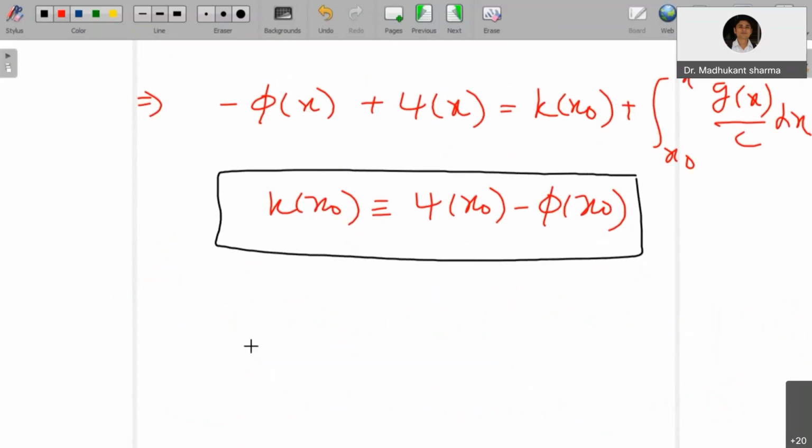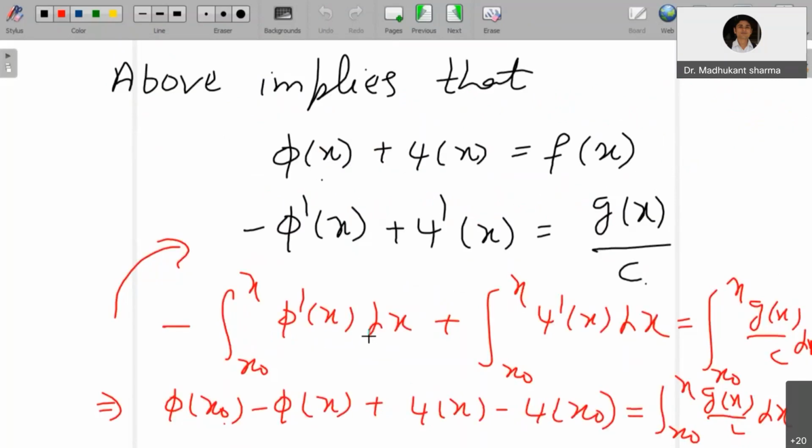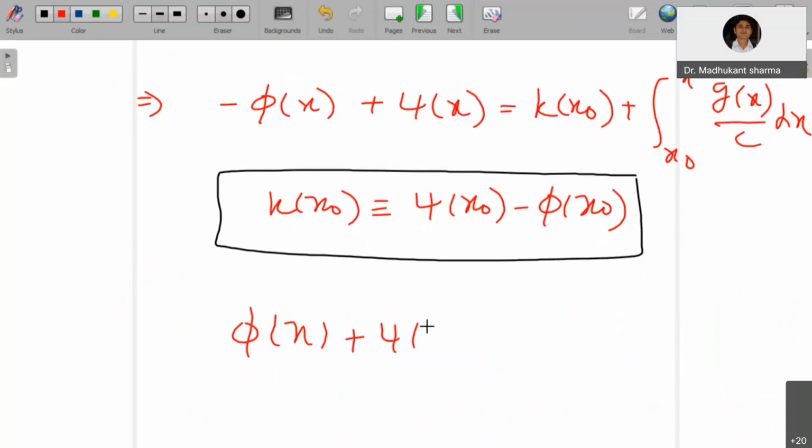Now another equation is phi of x plus c of x is f of x. Now you can solve these two equations in two unknowns.